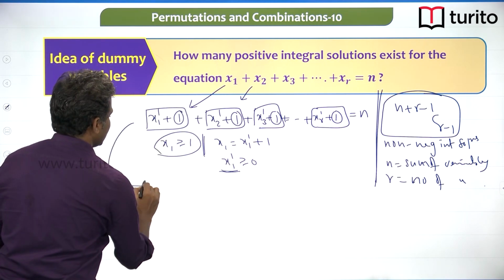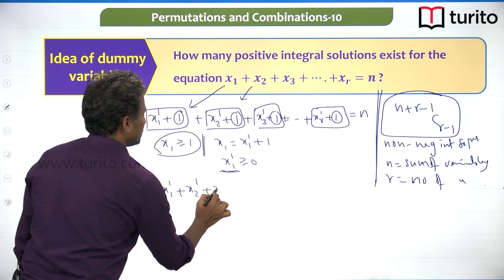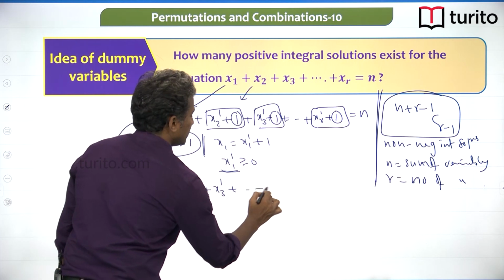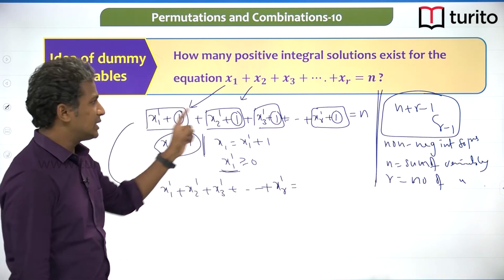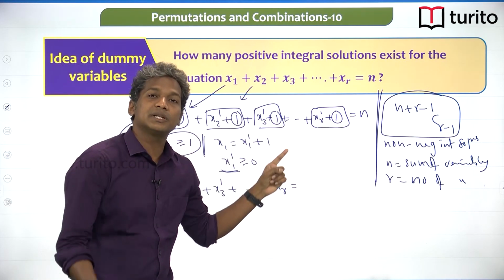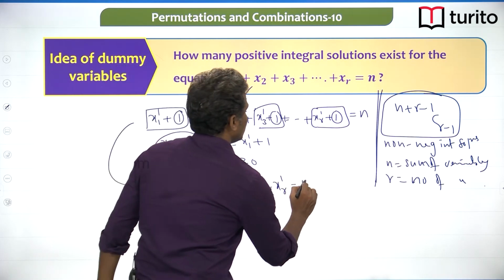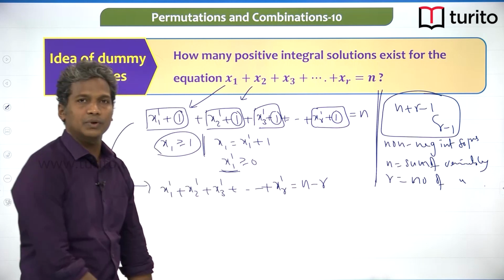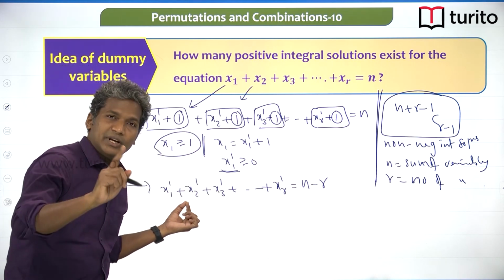So, we can write this entire equation as x1 dash plus x2 dash plus x3 dash and so on till xr dash is equal to, how many ones did I take? I took r ones. So, from n I have to subtract r because I am taking these r ones to the RHS. So, it becomes n minus r here, okay. Now, how many variables are there? r variables are there.